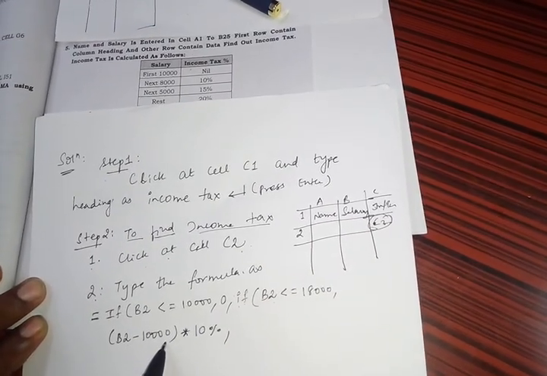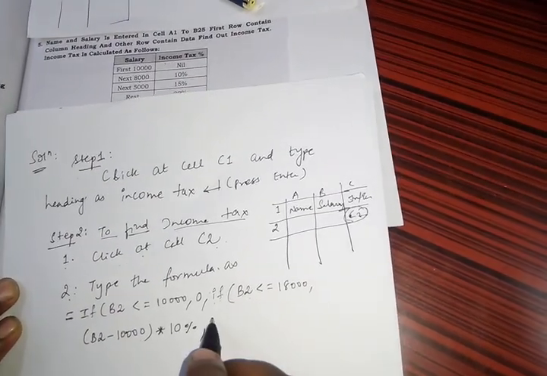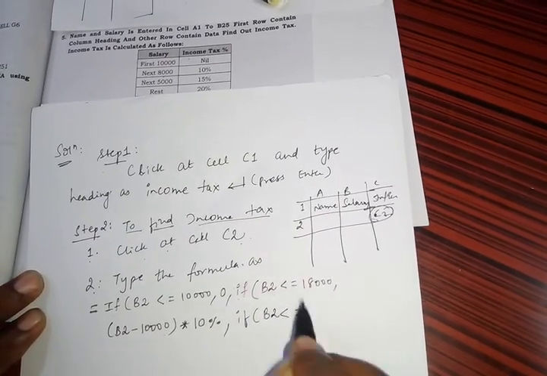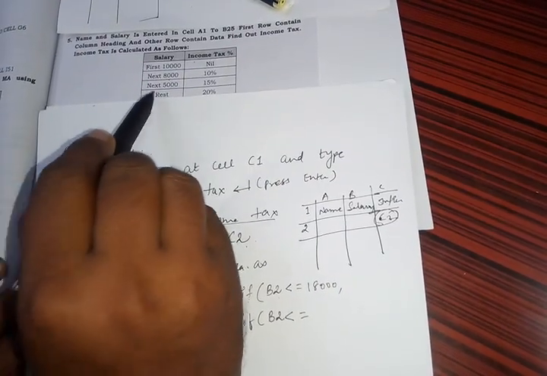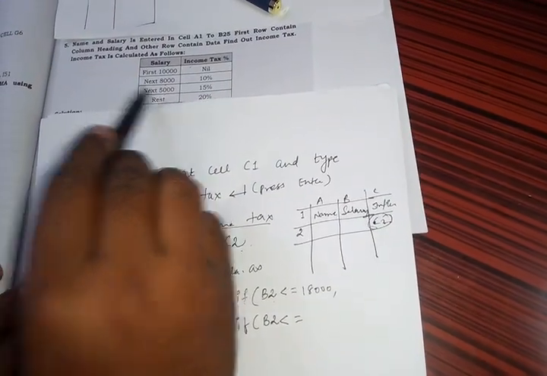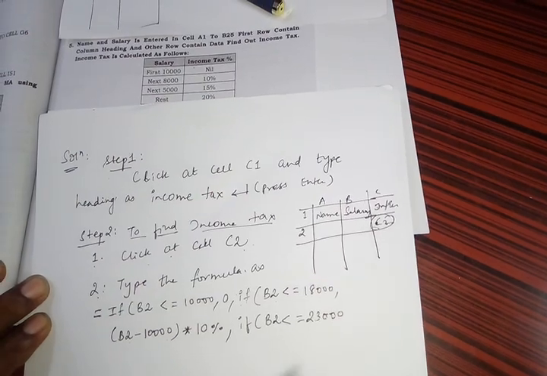Whatever remains will be charged at 10%, comma, IF B2 is less than or equal to, 10 plus 8 is 18,000, plus 5, that is 23,000, less than or equal to 23,000.